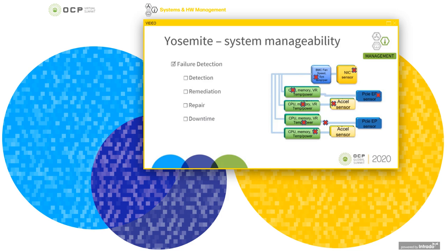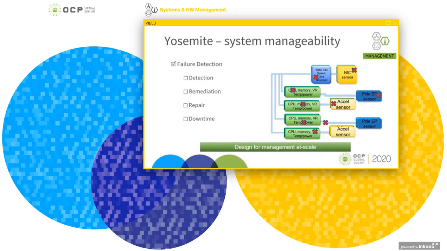Downtime always leads to loss of production services, which means loss of business. Hence we have to be very mindful of downtime, and the flow of detection, remediation, repair, and downtime is an important aspect of system manageability for any data center.